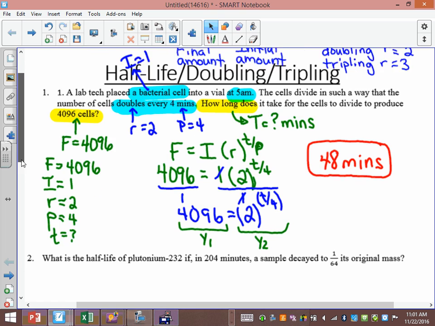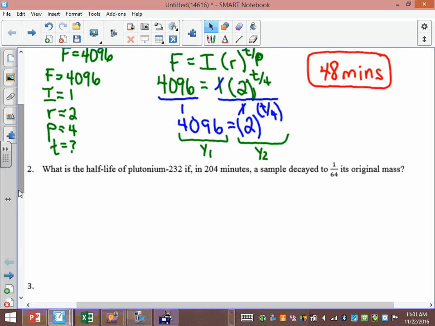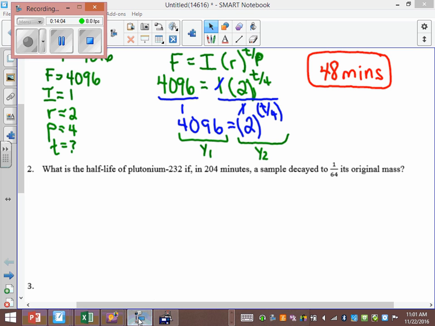So let's look at this one. Write this one down. There's a little catch on this one. So just write it down for now. So what is the half-life? Keyword there, half-life, right? If we get the word half-life, we know we need to use that formula. If it says double, if it says triple, we know we need to use that formula.